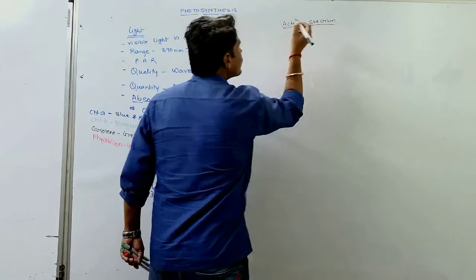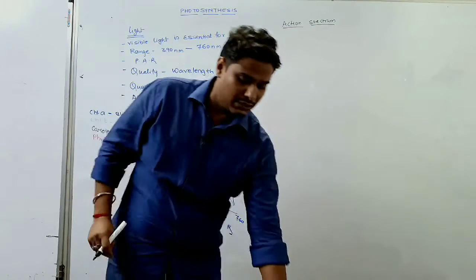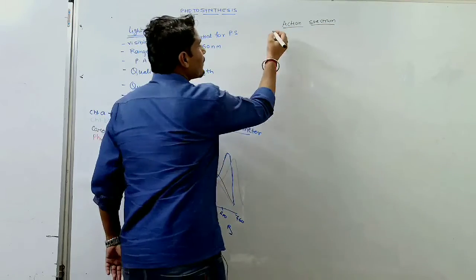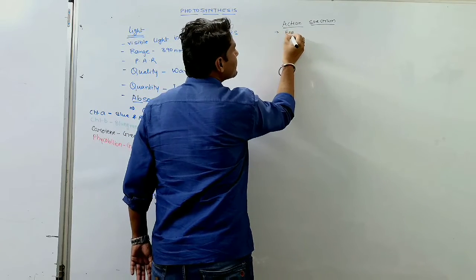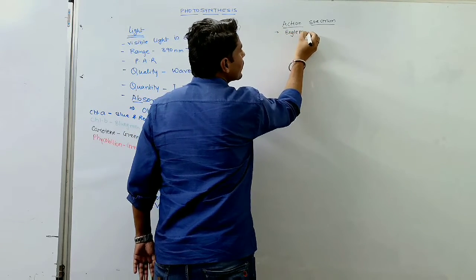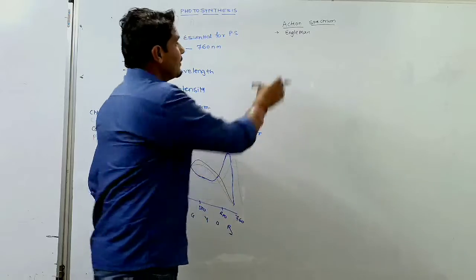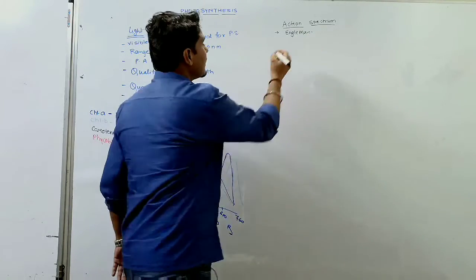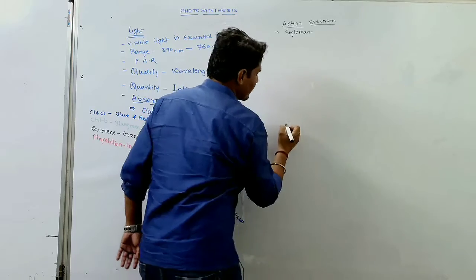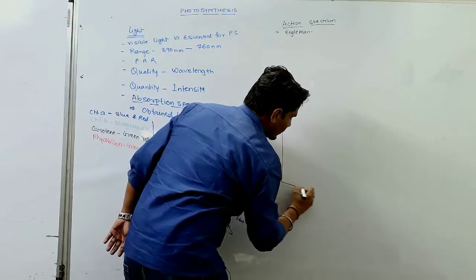The action spectrum is based on the experiment performed by Engelmann, and Engelmann represented the result in the form of a graph.